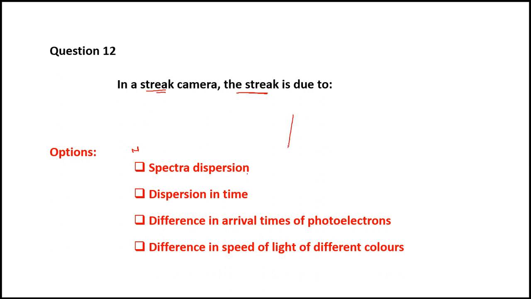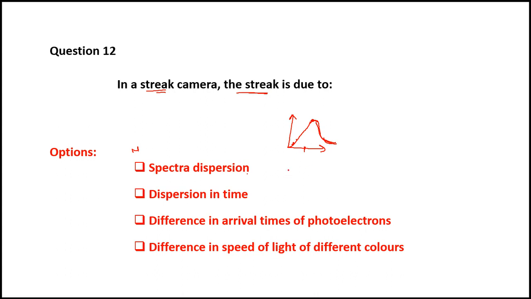See, say you applied voltage, and some photoelectrons are generated. Initially a smaller number of photoelectrons will be generated, but in the middle of the time a lot of photoelectrons will be generated as you apply the voltage, and further on it will be less.